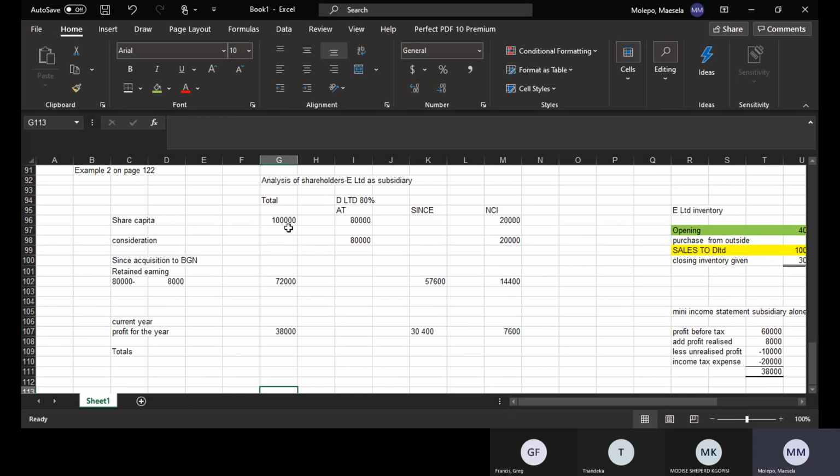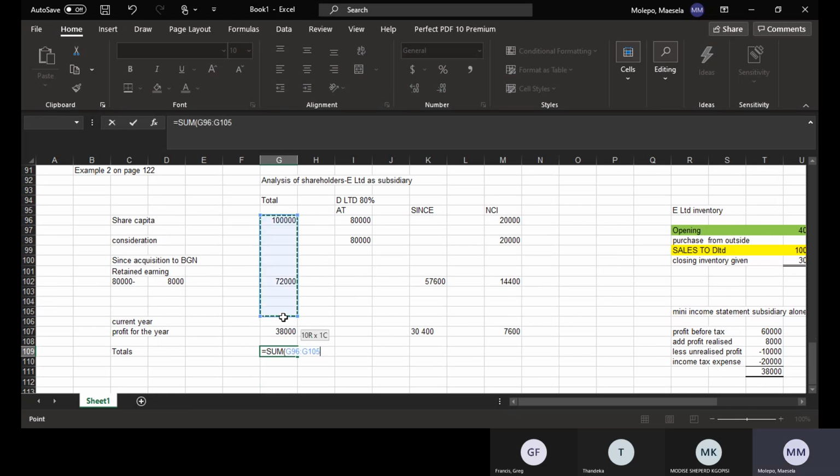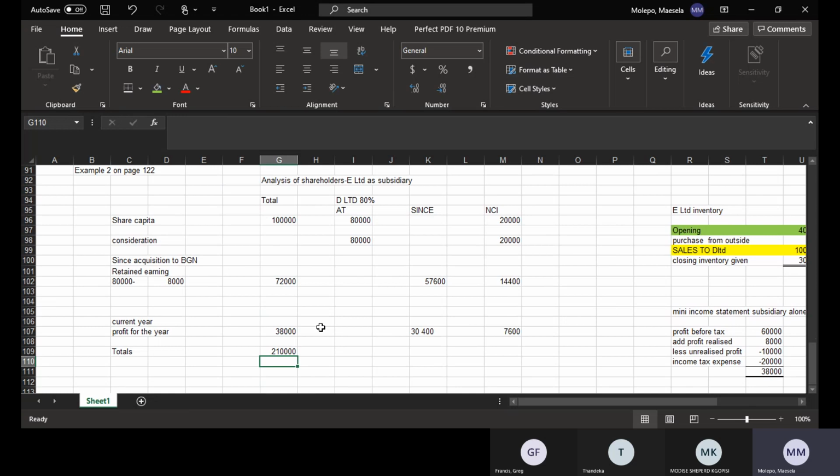We add all these together. Add them all together. This one is closed.